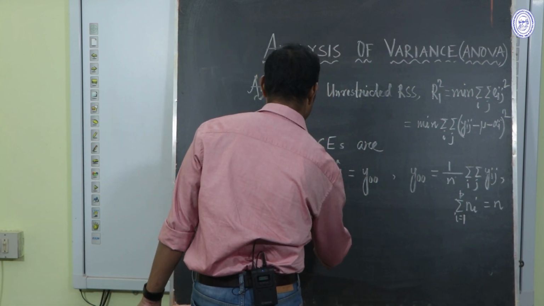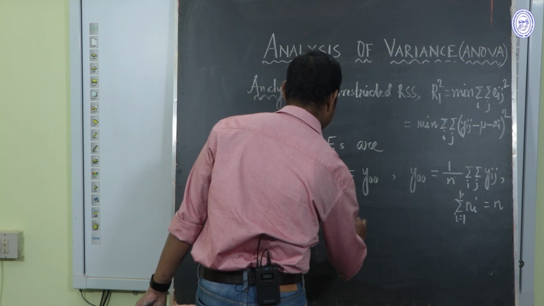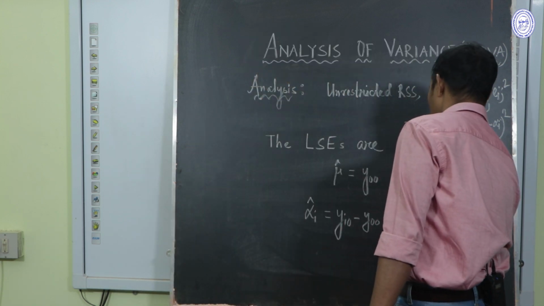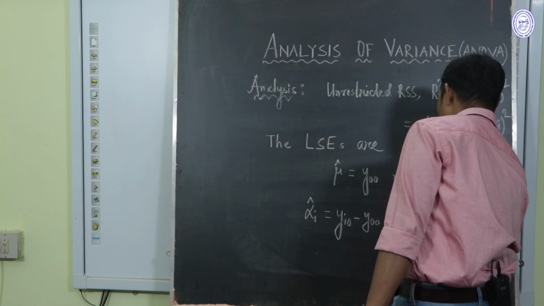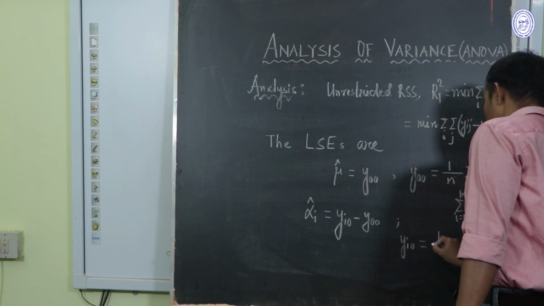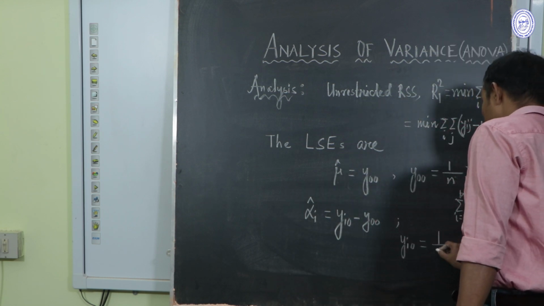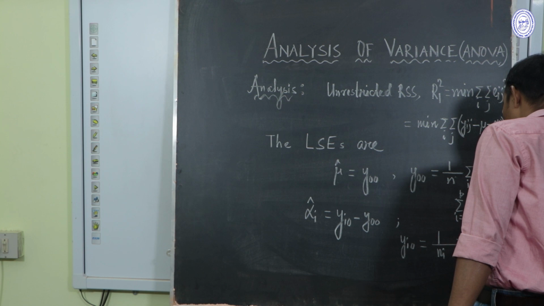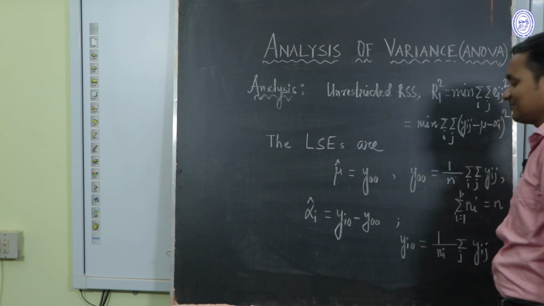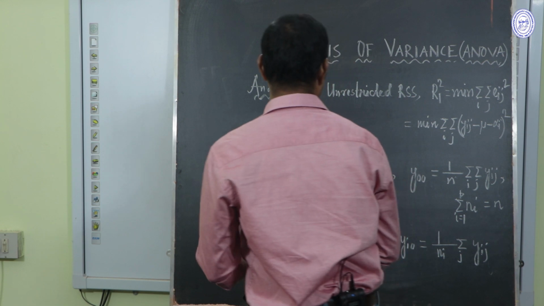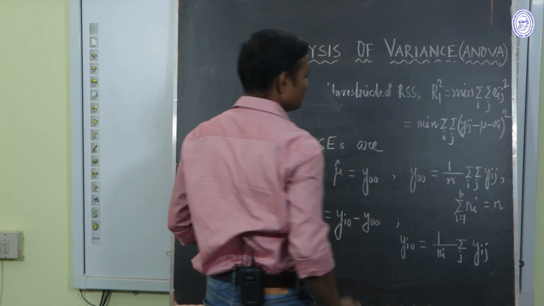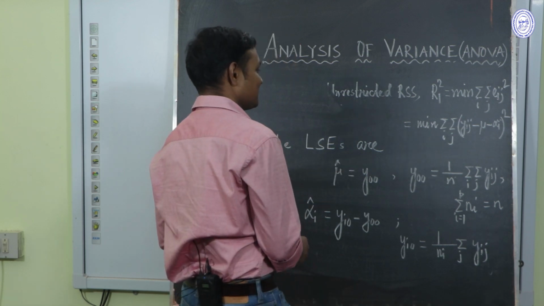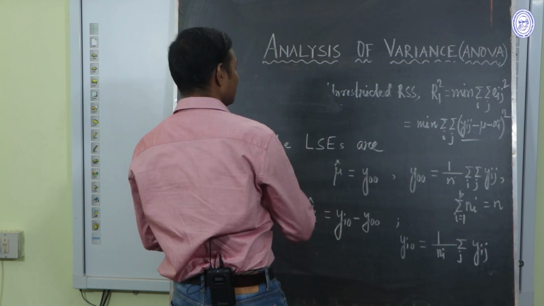Alpha_i cap equal to y_i0 minus y_00, where y_i0 equal to 1 by n_i summation over j y_ij. Next, we put the values of mu and alpha_i in this equation.